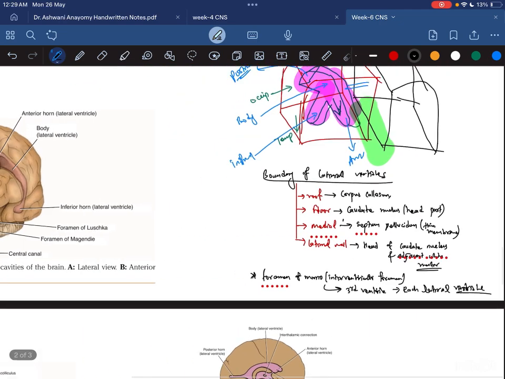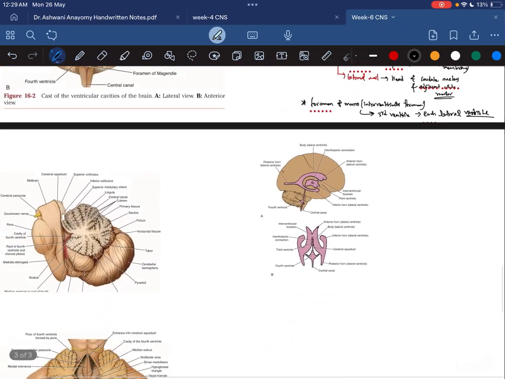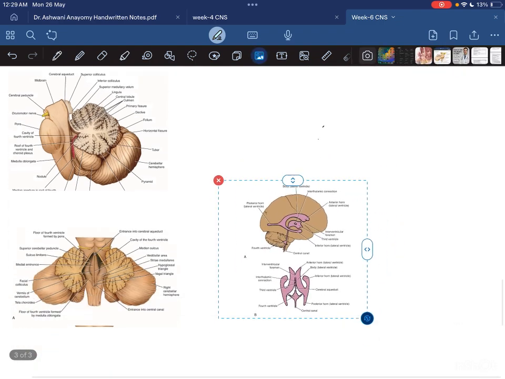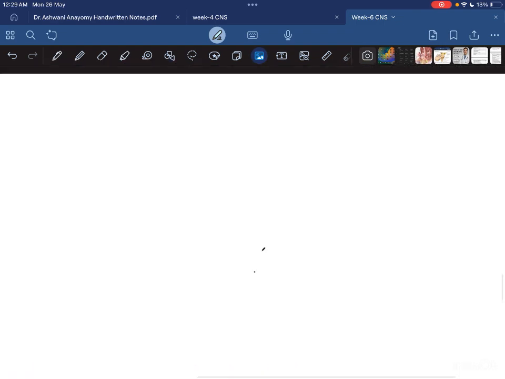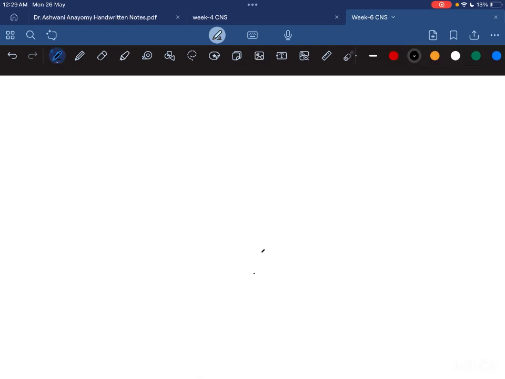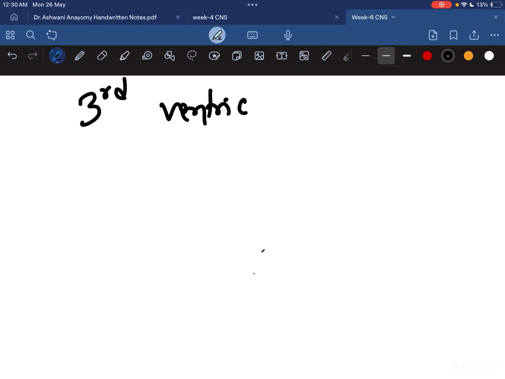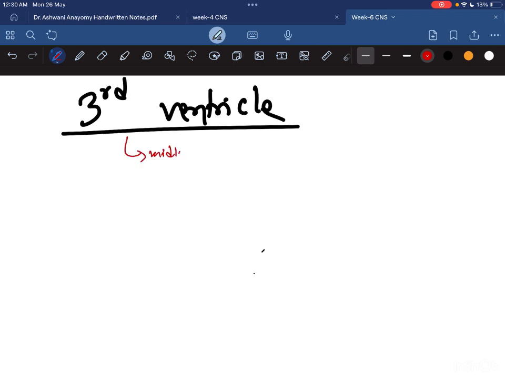Now moving on to the third ventricle. It is present in the midline. Already we have almost discussed it.